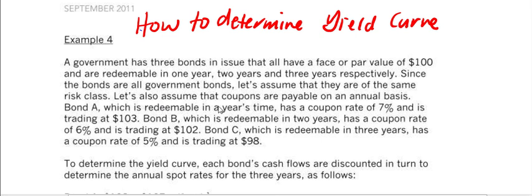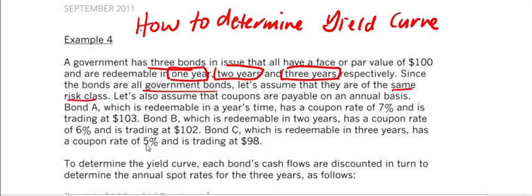Now, if you have a 3-year yield curve, then you must have 3 bonds to be issued. Like for example, one is redeemable in 1 year. That means you take one government bond, 1 year government bond, one more is 2 years government bond, one more is 3 years government bond. Since all are government bonds, they are all the same risk class.